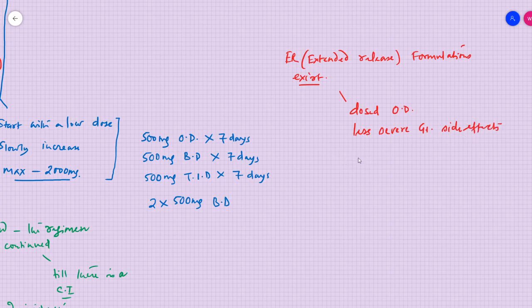Because the release is slow, there are no great peaks, meaning peak concentration will become less. So this is another thing that can be done if, on administering the low dose for 7 days, the patient has got a problem. This could be one of the options.